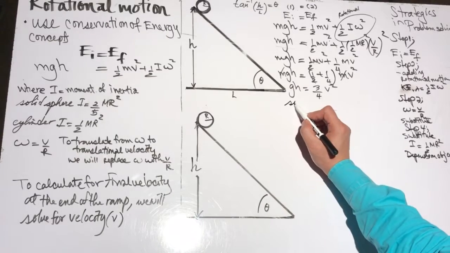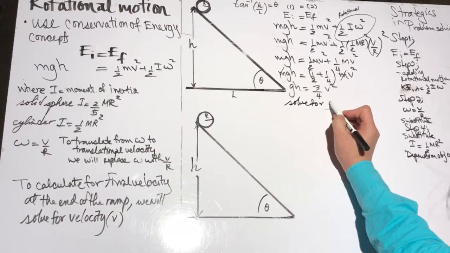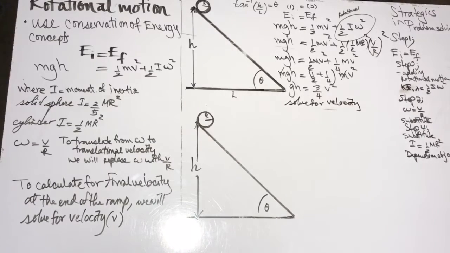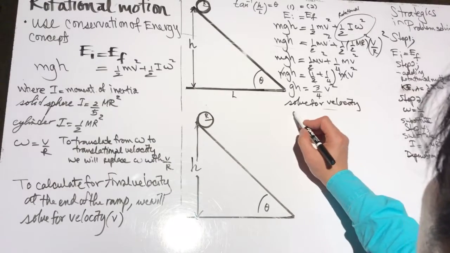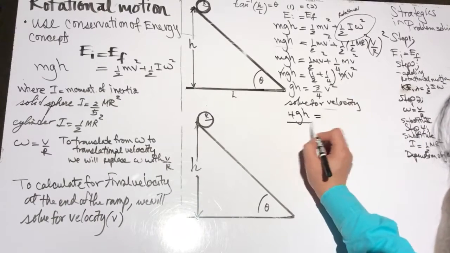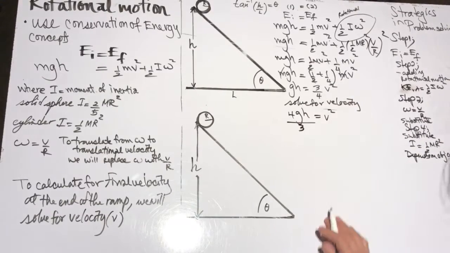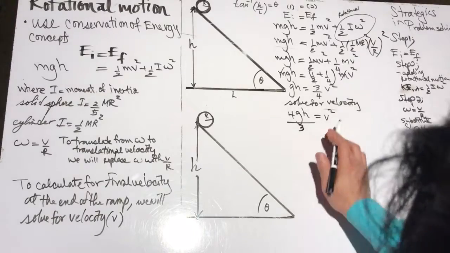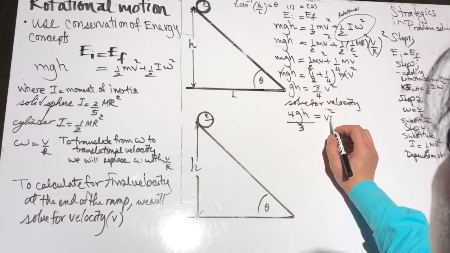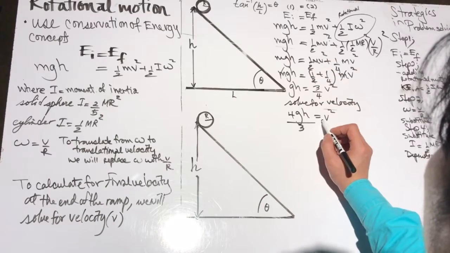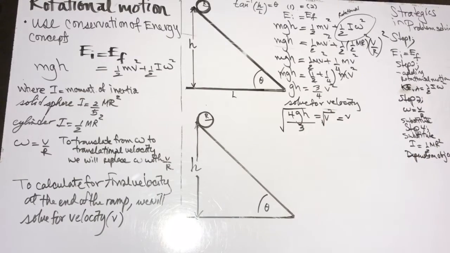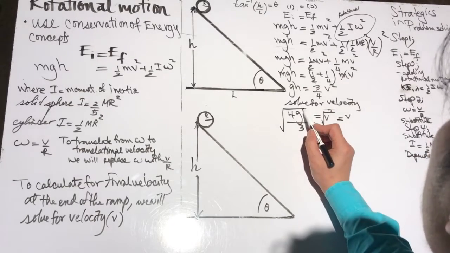So now I'm just going to say solve for velocity. In order to get rid of this square, I take the square root of both sides, and that gives me velocity by itself.